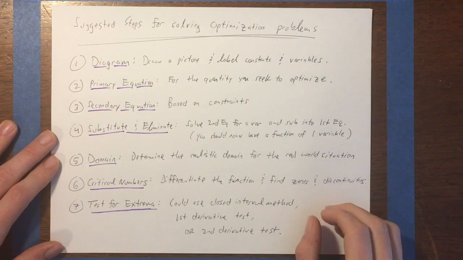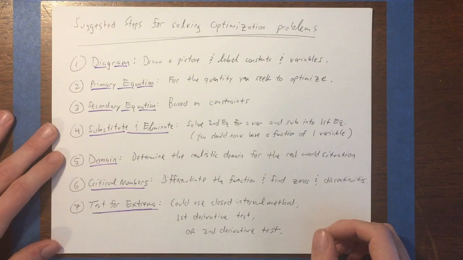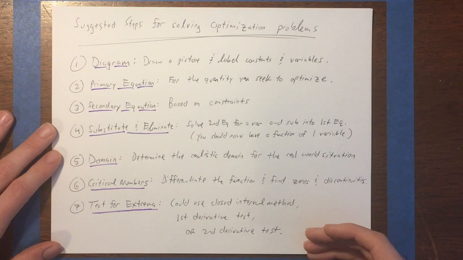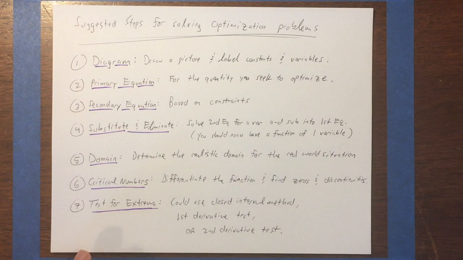Okay, and the reason for that is if you find some critical numbers, if you find several critical numbers, then you might have accidentally found a minimum when you're searching for a maximum, right? Or you might have found a critical number that is neither a minimum nor a maximum. Okay, you need to do something to determine if it's the right number, and so that's why step 7 is important.